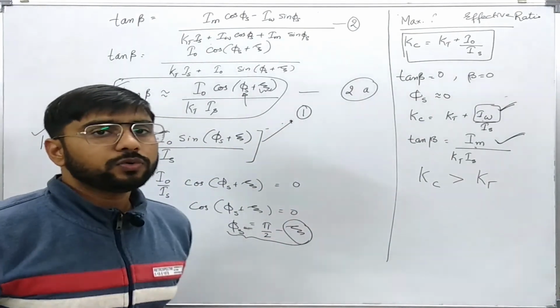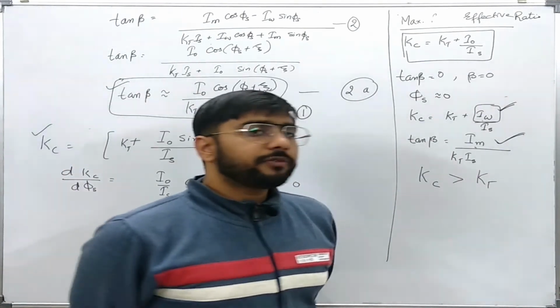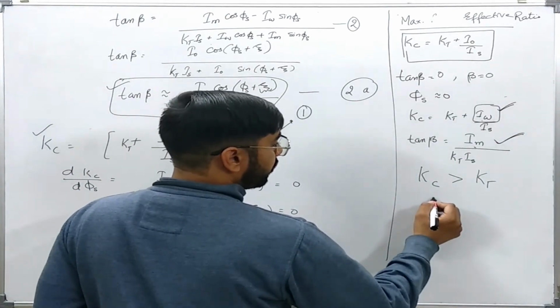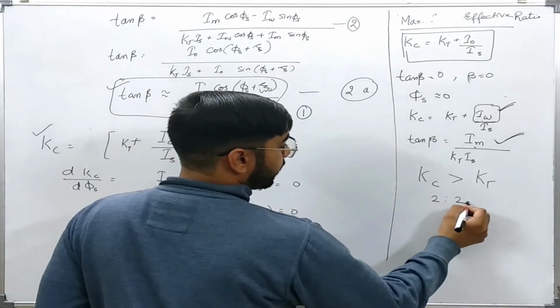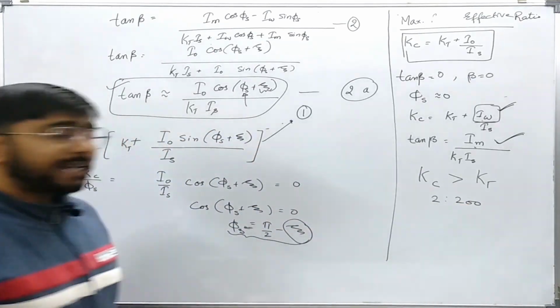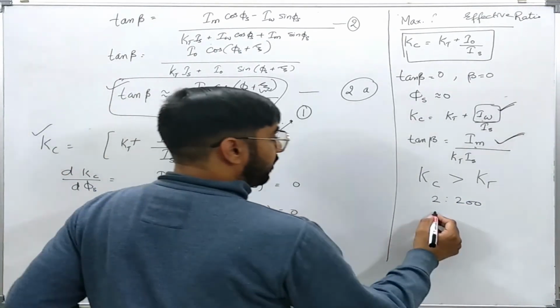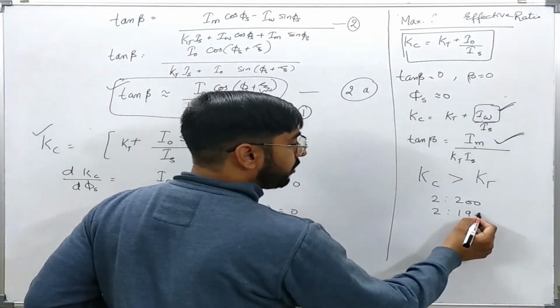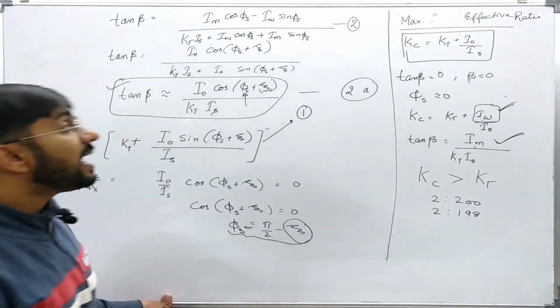So what will we do to compensate this error? Let us say the CT has a 2:200 ratio. I will just reduce the number of turns on the secondary side. Let us say I make it 198. So what will happen?